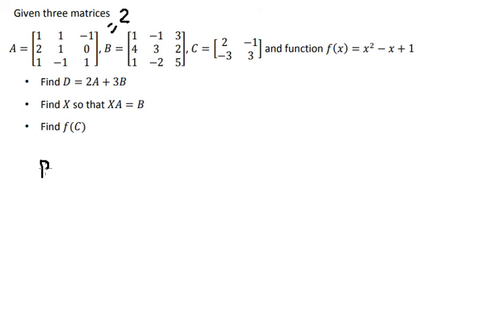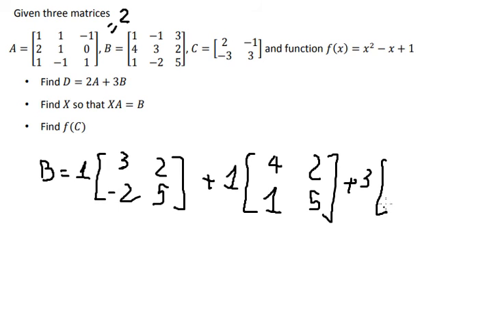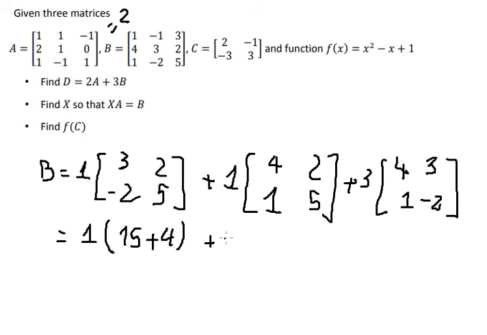About B, we do the same technique. This one we got about 15 plus 4, 20 minus number 2.